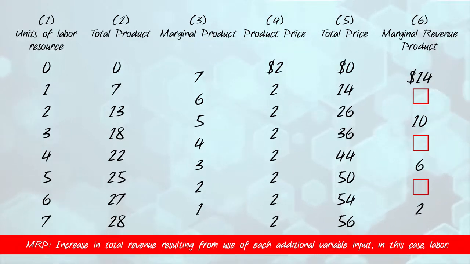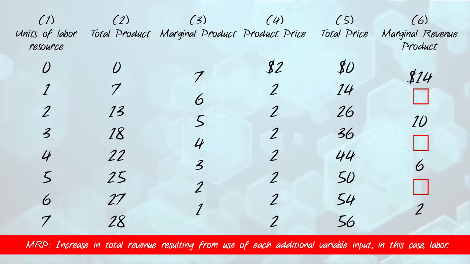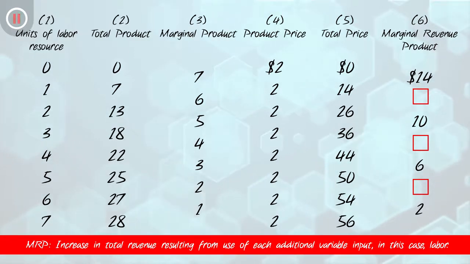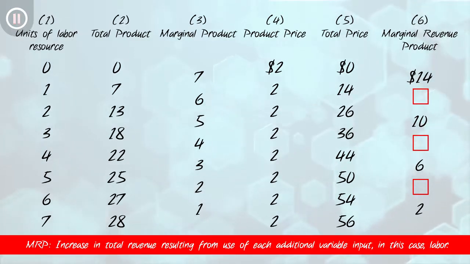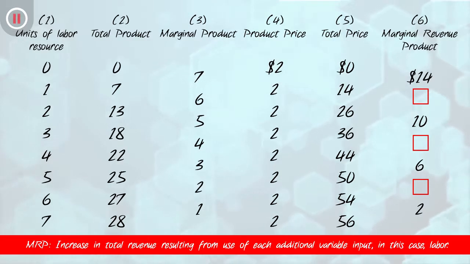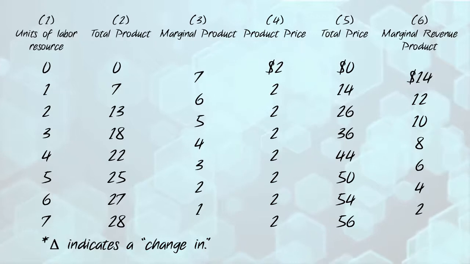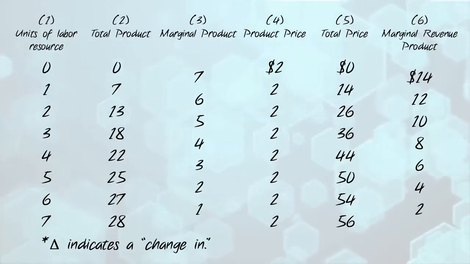This marginal revenue product is indicated in column 6. Try and fill in the blank boxes now as we pause the presentation. Did you get it right? Here's what the table should look like.